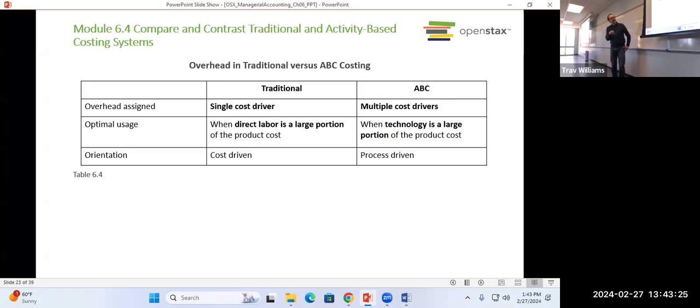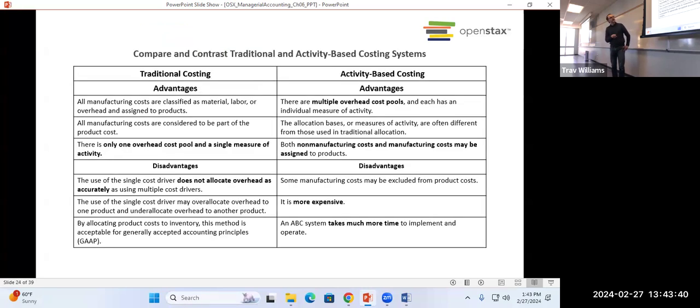It makes sense to use the ABC method if you use a lot of technology. If you use a lot of direct labor in your manufacturing, then maybe it makes more sense to use the traditional method. With the traditional method, there's only one overhead estimate, right?